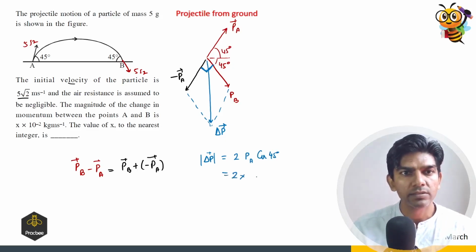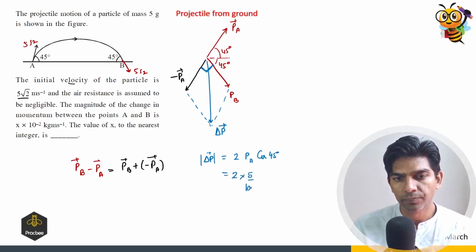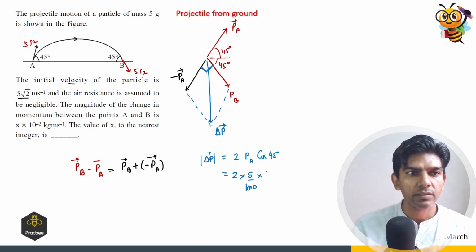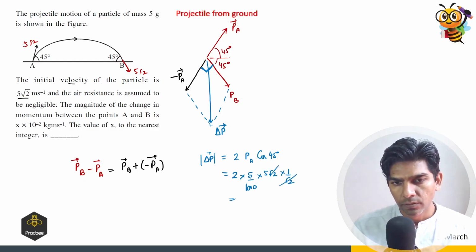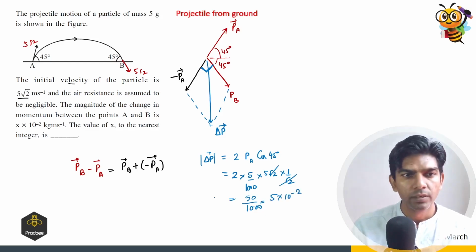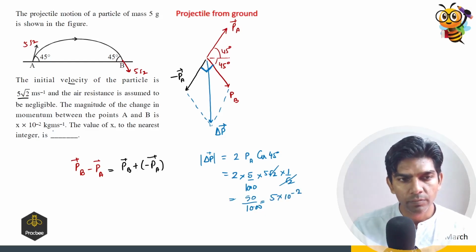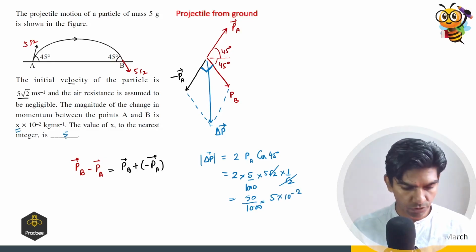So 2 times mass, which is 5 grams, so 5 by 1000, times the velocity, that will be 5 root 2. Cos 45 is 1 by root 2, so root 2 will get cancelled out. So this will be 50 by 1000, which will be 5 into 10 raised to the power minus 2 kilogram meter per second. So x will be 5. So 5 is the answer of this question.